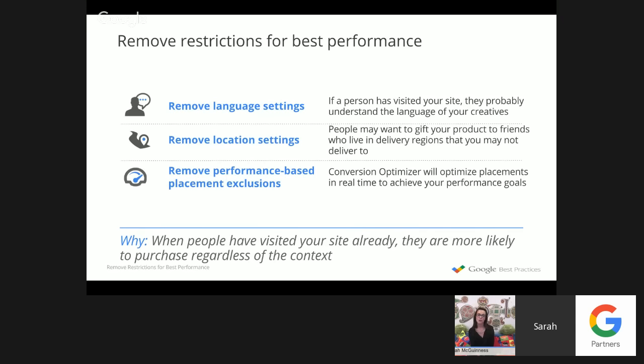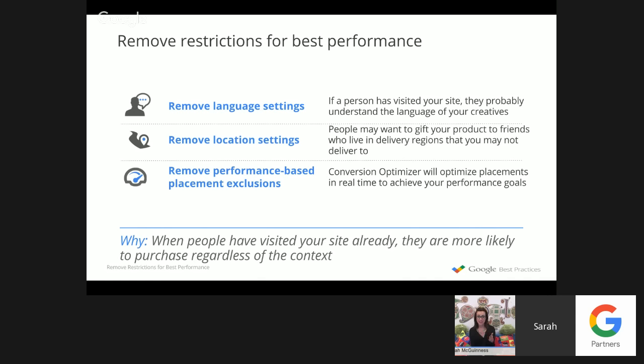So language restrictions, okay, these aren't that necessary because compared to, let's say, regular display targeting, a user who visits your website usually understands perhaps your business model, you know, they're interested in buying, and they generally understand the website language if they're browsing around.